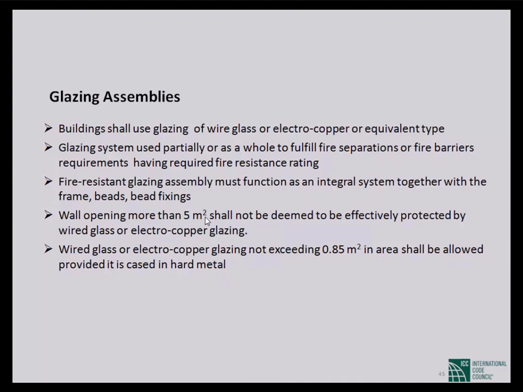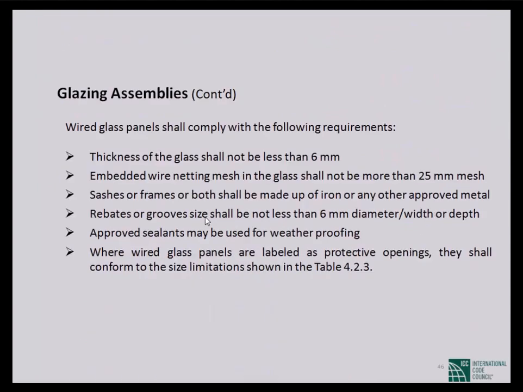If unprotected, you can use any type of glass assembly of a particular thickness. There is only a size restriction on the opening, no restriction about the fire rating. But if you want to make protective windows, then you have to choose fire rated glass, that is wired glass or electrocopper glass with a particular fire rating.